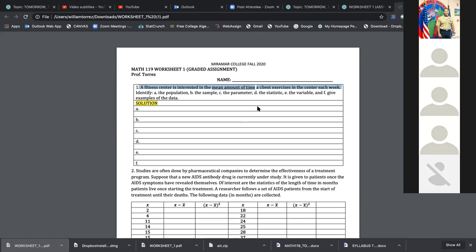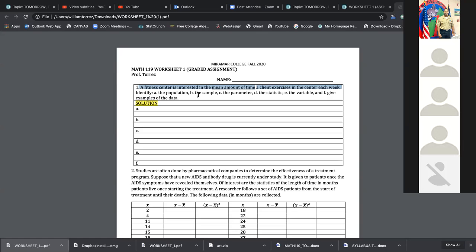Some people go 2 to 3 times. And so what they'd like to do is sample their data, maybe over a period of a week or so, to see what the traffic is in a week or so. So the population in this problem would be all of the clients.